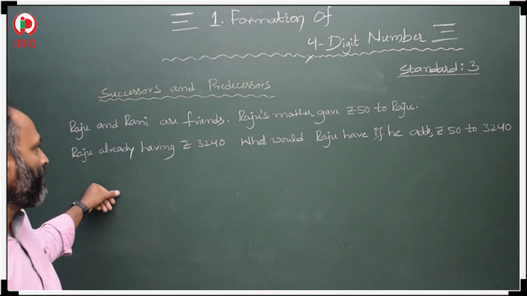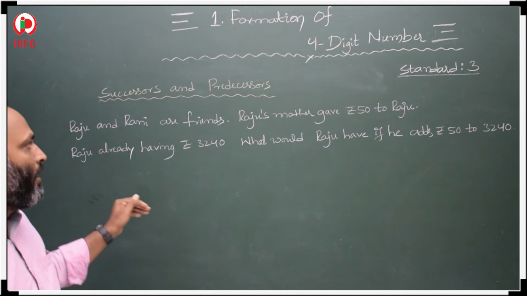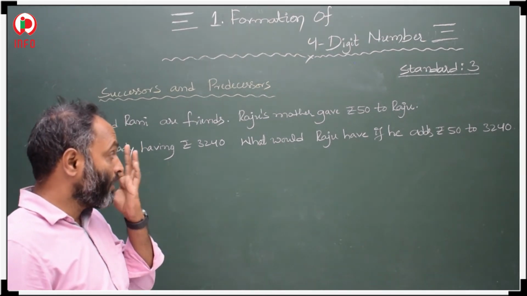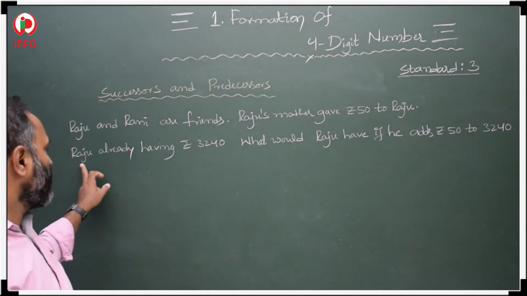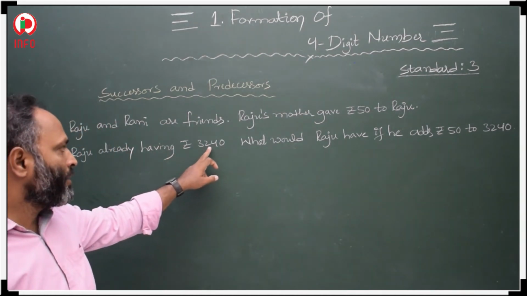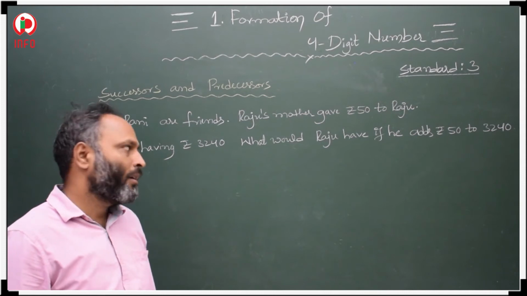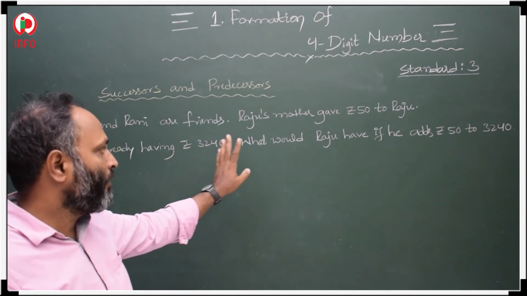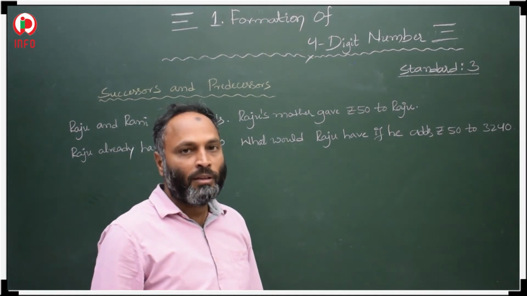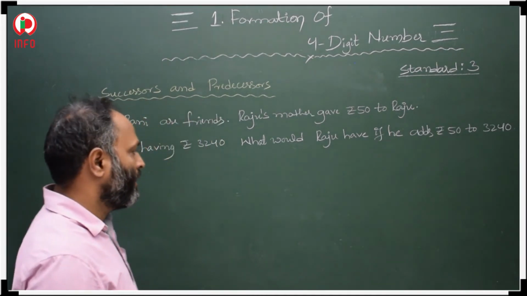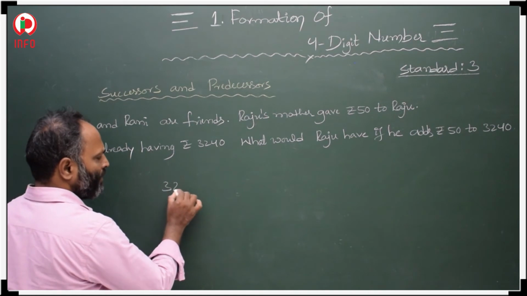Here in this question, Raju and Rani are two friends. Raju's mother gave 50 rupees to Raju. Raju already has 3,240 rupees. What would Raju have if he adds 50 rupees to 3,240?